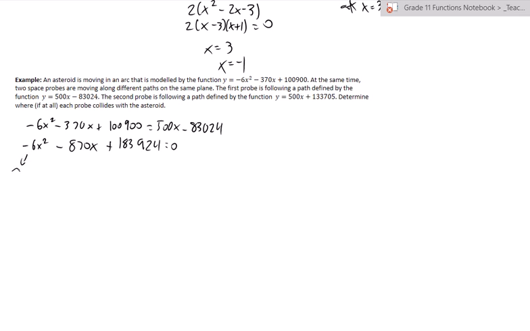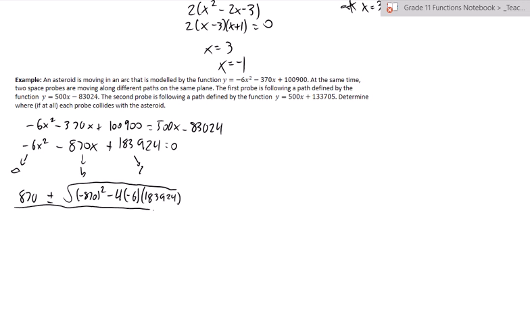So we have a, b, and c. We have negative b, which is 870, so we have 870 plus or minus the square root, this would be the big one, of b squared, which is negative 870 squared, minus 4 times negative 6 times 183,924, all over 2 times negative 6, which is negative 12.